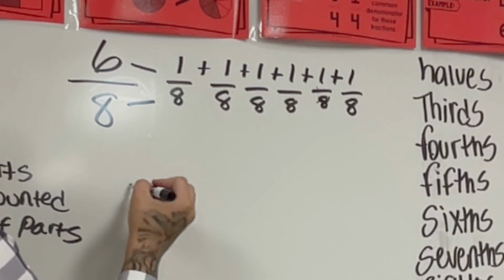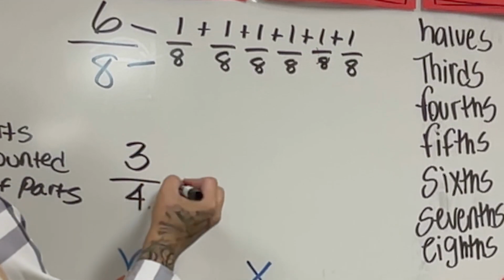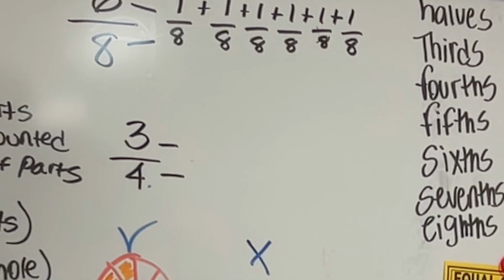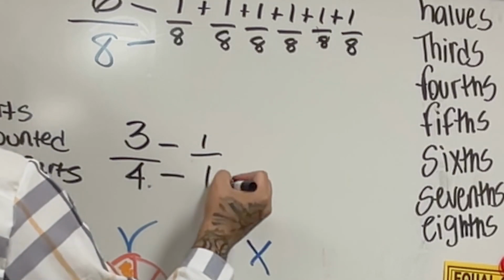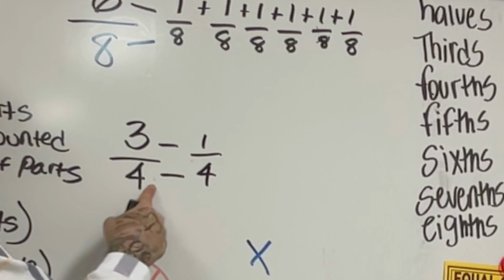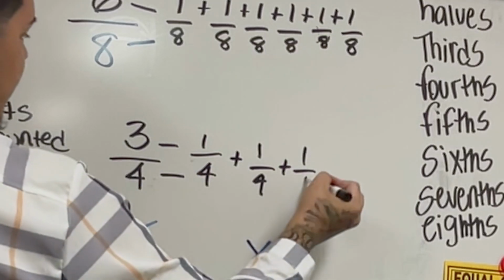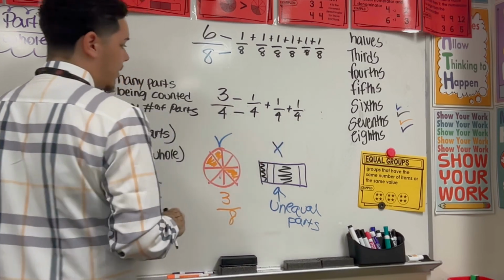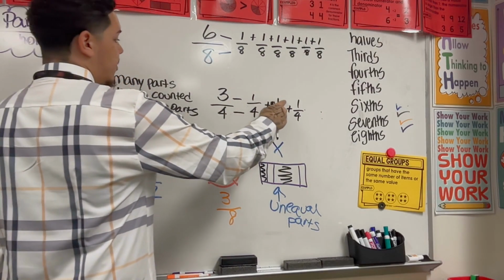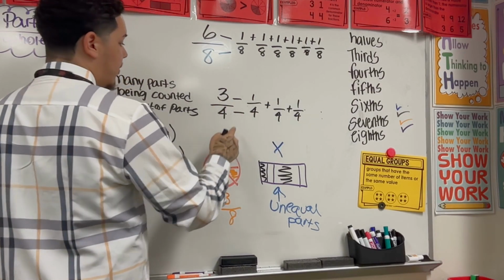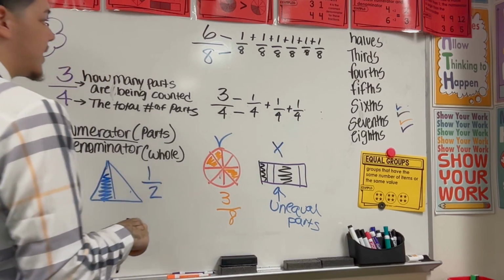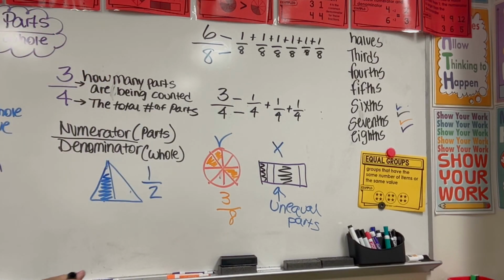If I were to give you 3 over 4, the way that you would decompose this, you would do 1/4, okay, because we're dealing with fourths here, plus 1/4 plus 1/4, 1, 2, 3, okay? So I have 1, 2, 3, that makes 3 as your numerator, and 4 stays the denominator, which stays the same. That is how you decompose a fraction.